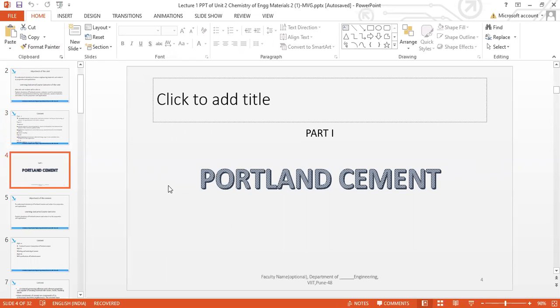Portland cement. The cement is mainly used for construction work, and because of its two properties, the cohesion and adhesion properties. Adhesion means it keeps all the constituents of construction work like sand, stone, etc. together, it binds all of them together. So that is the adhesion property, which is the peculiar property for which the cement is used. And what is cohesion?